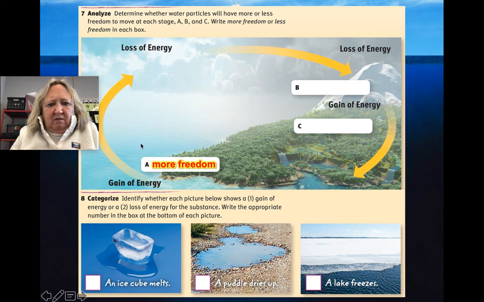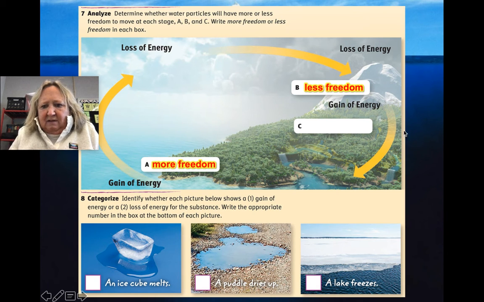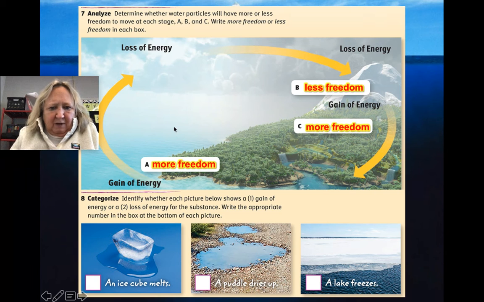Now they're becoming a gas up in the clouds. Now the water's condensing in the clouds and it's going to rain. So they're losing energy. So here they're going to have more freedom or less? Good. Now it's gaining energy again. Because it was a solid apparently, and now it's going to a liquid, I'm thinking. And that would be more. Okay, that's kind of a hard to tell graphic there.